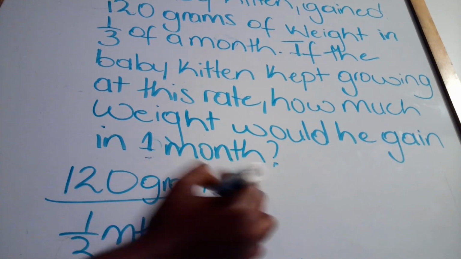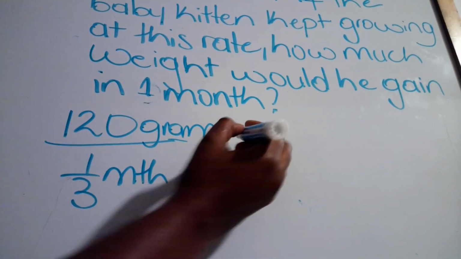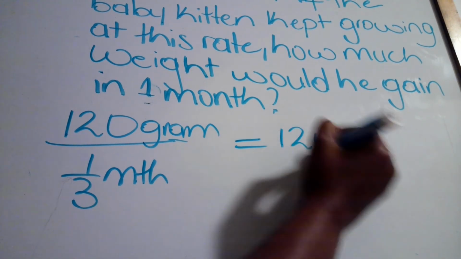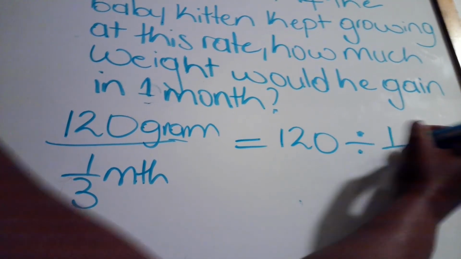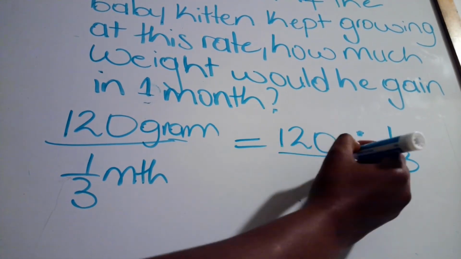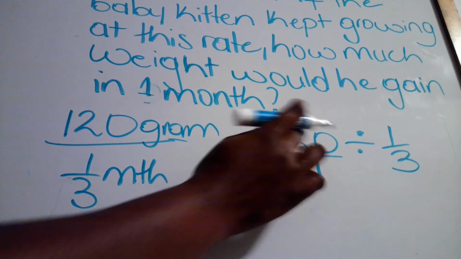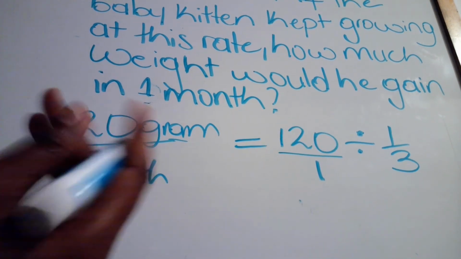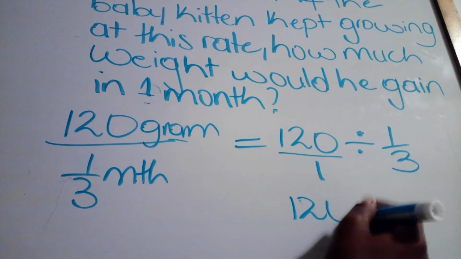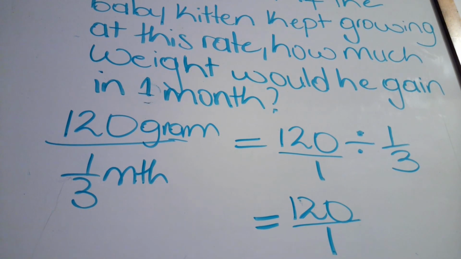What is that telling us? This is saying 120 divided by 1/3. You can change a whole number to a fraction by putting a 1 under it. When you're dividing a fraction, you keep the fraction that comes before the division sign. So this remains as 120 over 1. You change the division sign to multiplication.